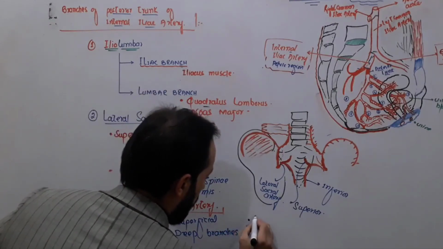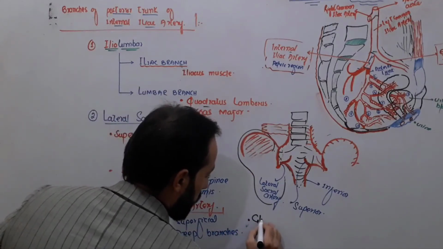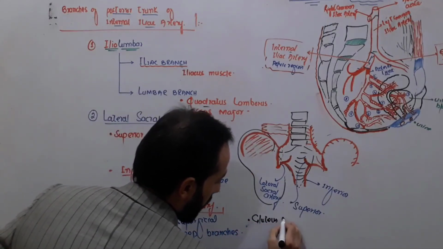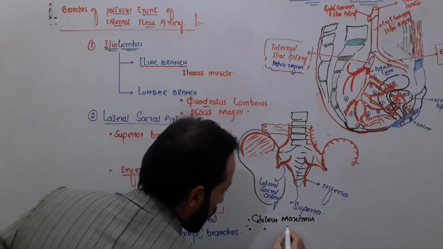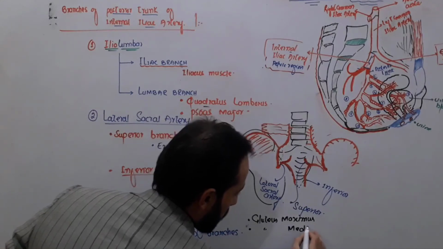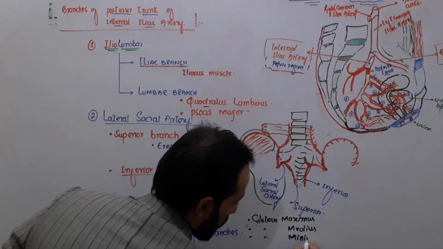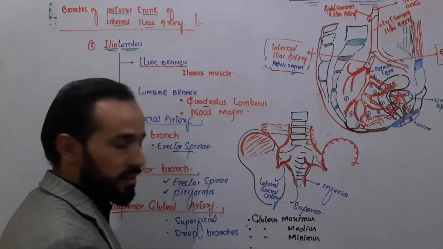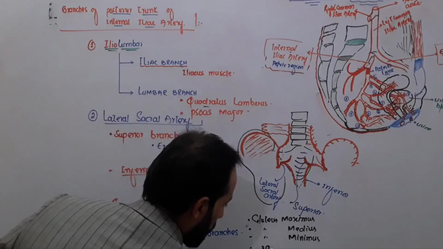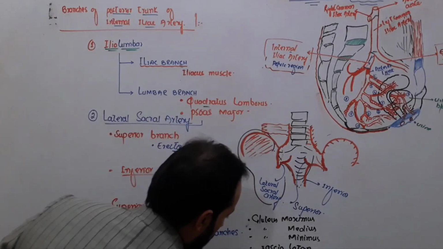Those muscles are gluteus maximus, gluteus medius, gluteus minimus, right? And there is the fascia which is called fascia lata, and also the piriformis muscle.